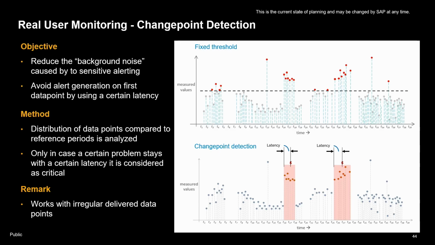We call it latency that comes into the game. So we filter out a lot of these one-time occurrences that nobody would take care of anyway. But if a problem persists for a certain amount of time, we think this is a valid approach to be informed and to get some activity on it. This is one thing, the real user monitoring approach.